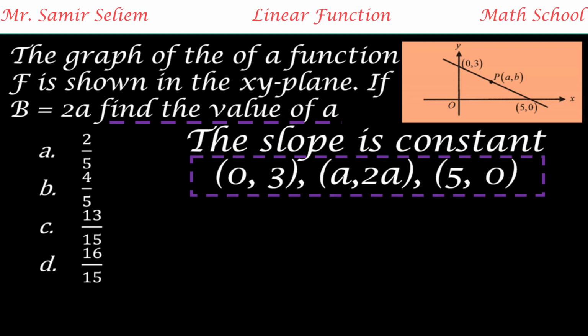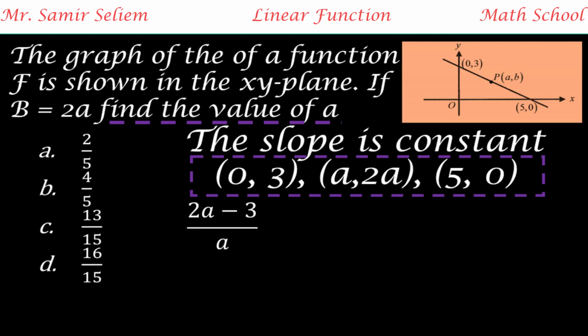How can we find a? Just we will find the slope by using the first and second points, and the second and third points, and make an equation to find a.